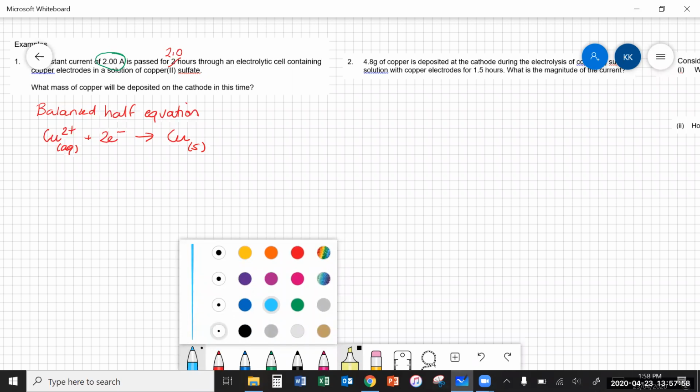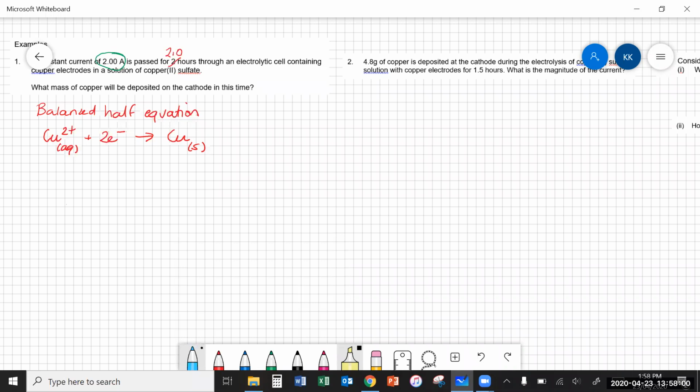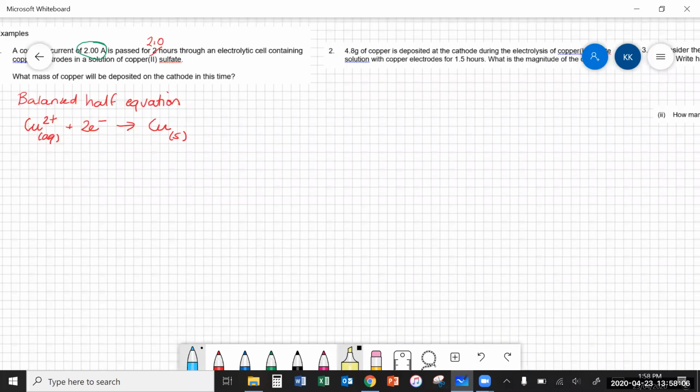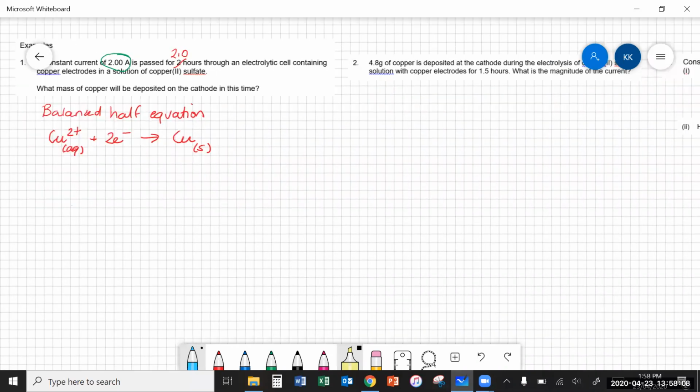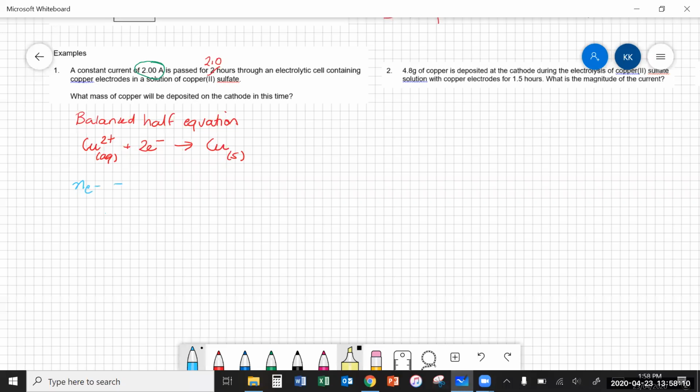Then we need to look at working out the moles of electrons. So in this case, we've got electrical data, so we're going to work out the moles of electrons by IT on F. So I, our current, is 2.00. We're going to multiply that by 2 hours. Remember, that's got to convert to seconds though.